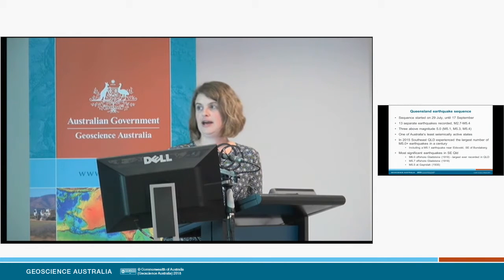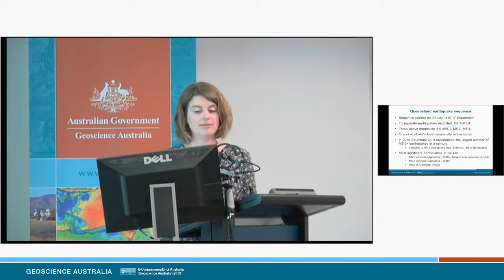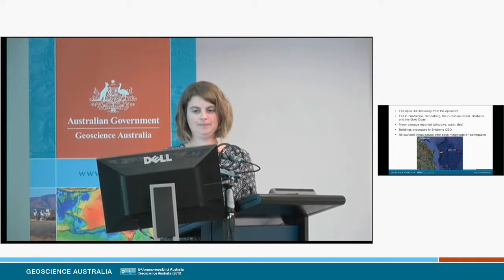So there were two earthquakes in 1918, a magnitude 6 and a magnitude 5.7 both on the same day, and the magnitude 6 was the largest ever recorded. And there was also a magnitude 5.5 at Gayndah in '35. So there is a history of large earthquakes in the southeast portion of Queensland.